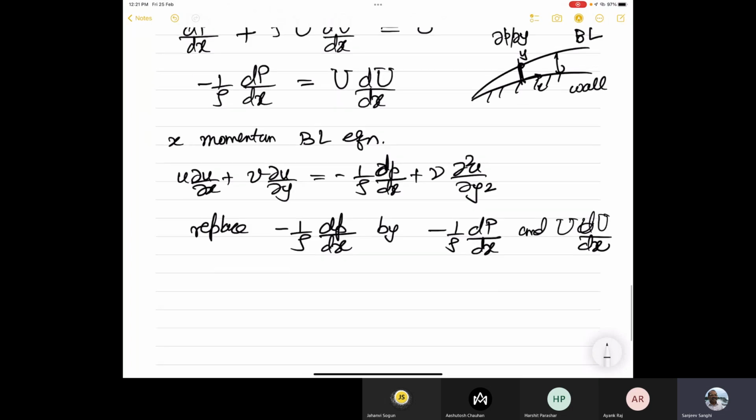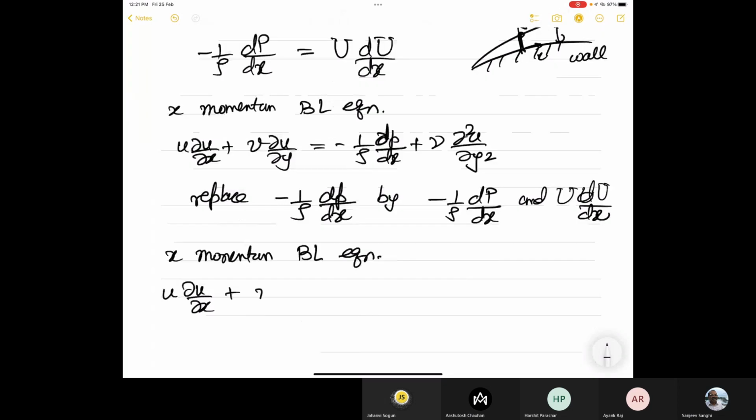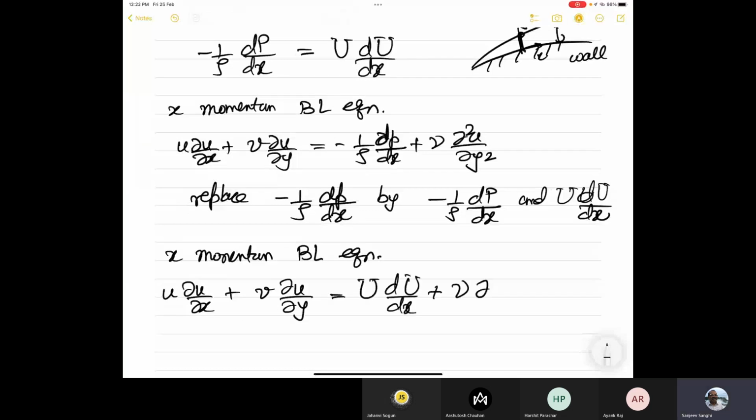So the X momentum boundary layer equation becomes capital U dU by dx plus nu d2u by dy square.